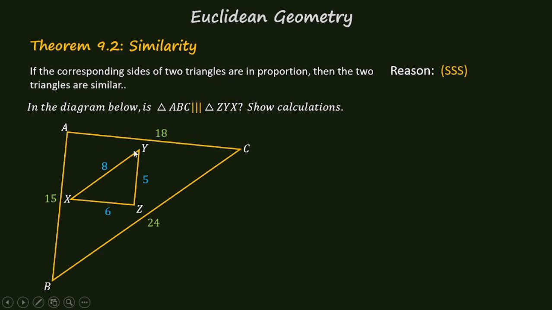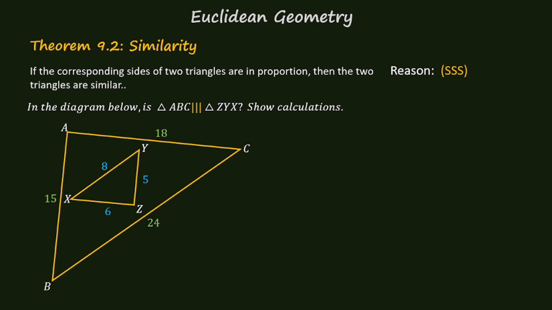In the diagram, we are given two triangles, triangle ABC and triangle ZYX. And we are asked if these two triangles are similar or not. So the question says, is triangle ABC similar to triangle ZYX? Show calculations. To prove that the two triangles are similar to each other, we need to express the corresponding sides as ratios.